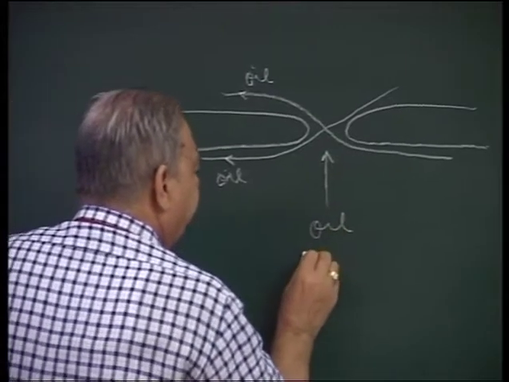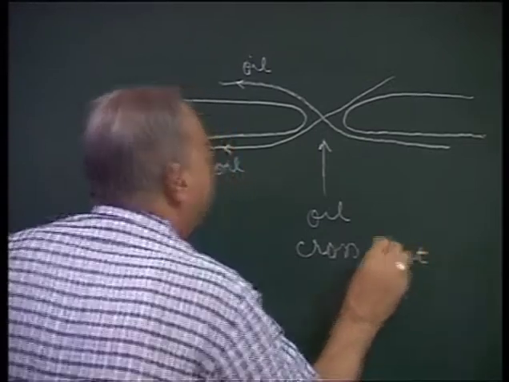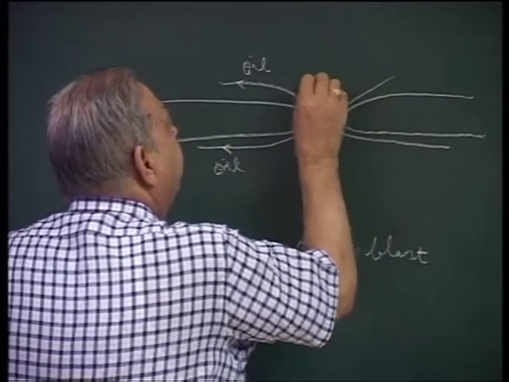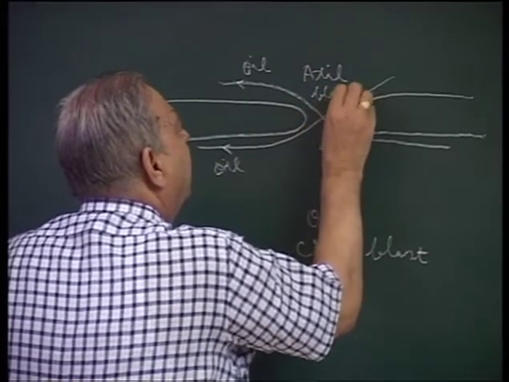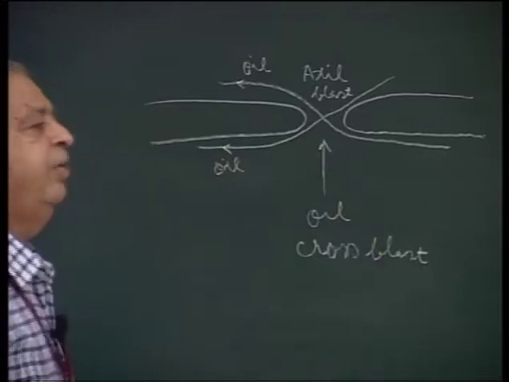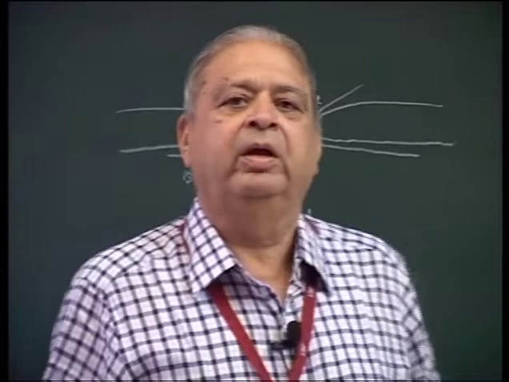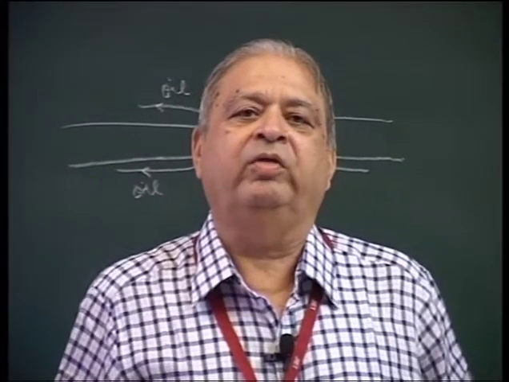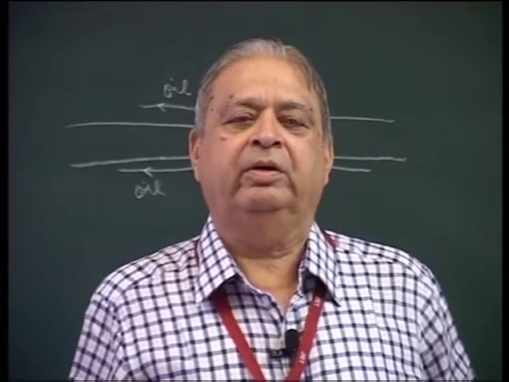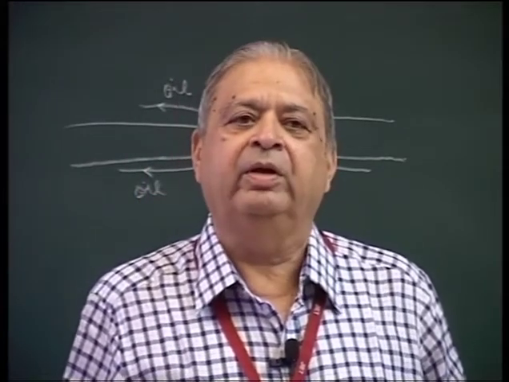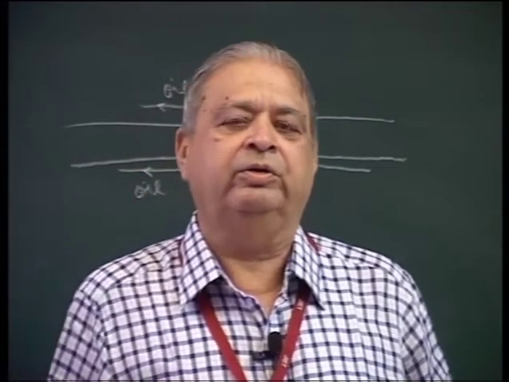This is called a cross blast. And this is called an axial blast. In axial blast, the quenching medium or the cooling medium is passed along the axis of the electrodes, and in cross blast, the cooling medium is forced perpendicular to the arc so as to blow out the arc.